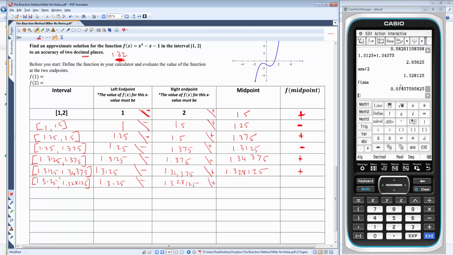And now we're going to grab the midpoint. So it's between this value here and this value here. So again, I'm just trying to recycle old values that I've already typed into the calculator.